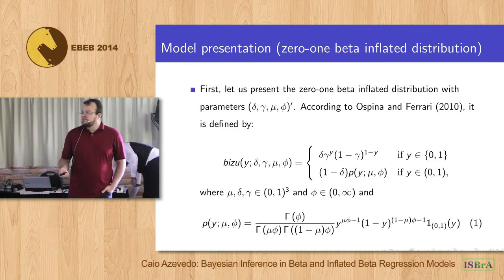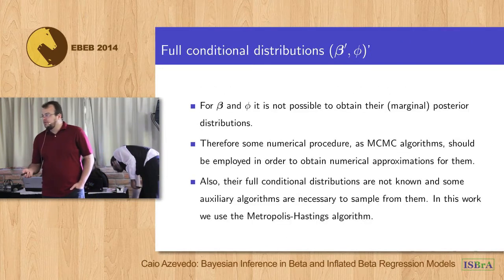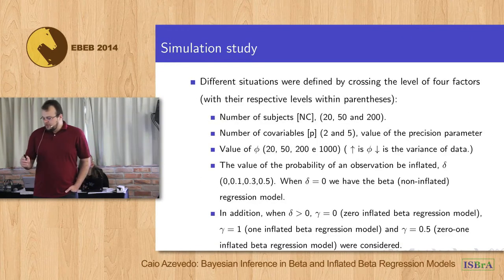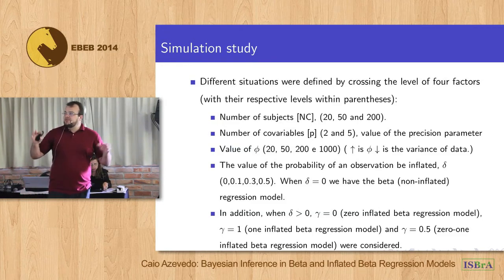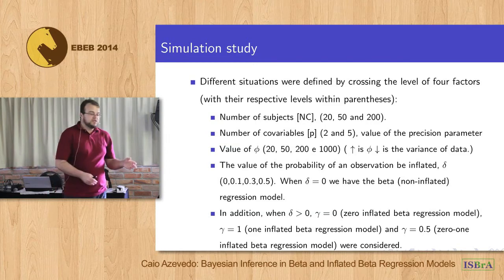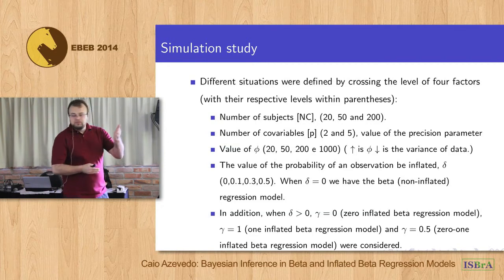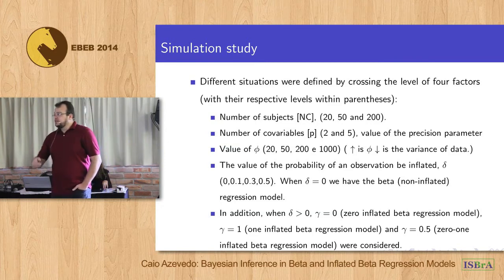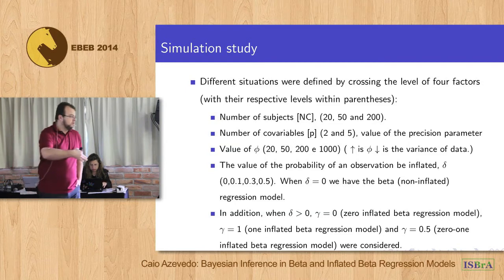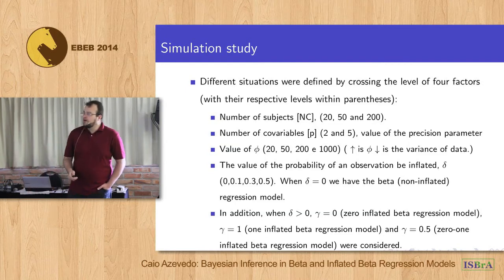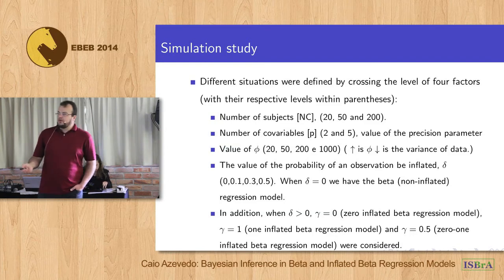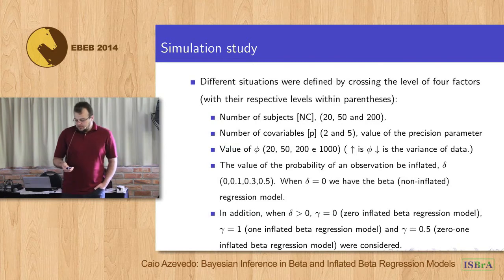Also, we assume some usual and reasonable values for beta and phi. I'm not going to go through that in detail, but we consider different situations, varying the number of subjects, varying the number of covariates, and also the value of the phi parameter. Remember that the higher the value of phi, the smaller the variance of the data set. We also consider different proportions of observations being inflated. And I'm going to show you just a few parts of these results.